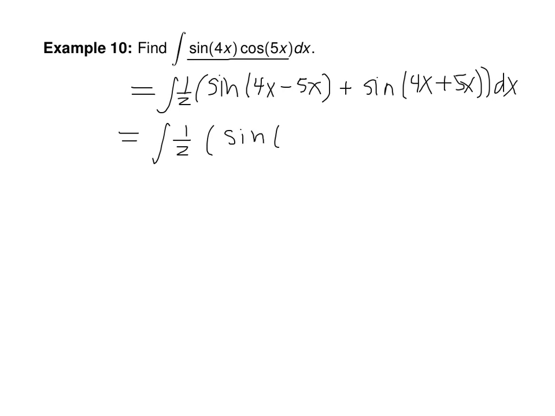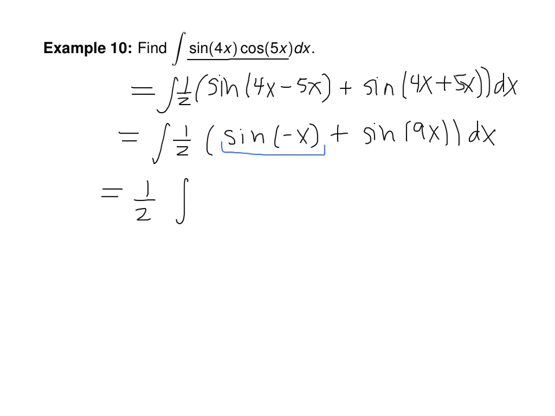So that's sine of negative x plus sine of 9x. And one kind of nice thing about sine is that sine is an odd function, which means that sine of negative x is actually equal to negative sine of x. Okay, now we antidifferentiate.